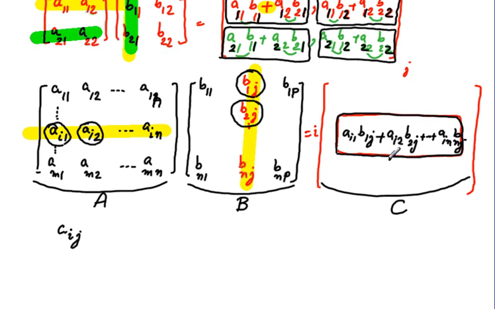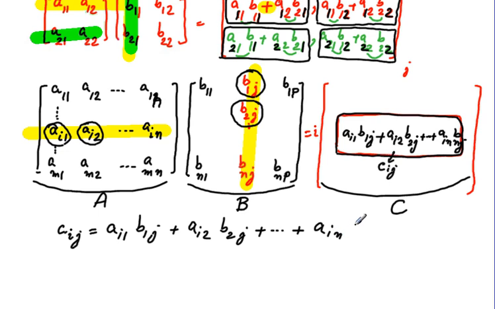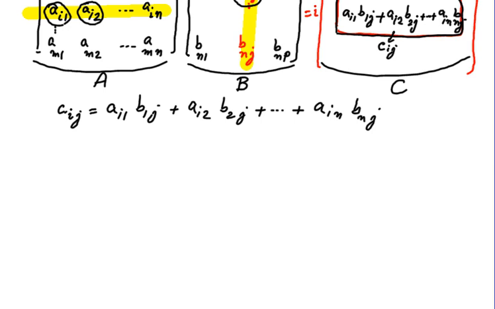So this fellow we are going to call cij. A big letter C for the whole matrix, and for a single entry of it we use the lowercase c. This is the fellow that is sitting in row I, column J of it. I just copy AI1, down the line until AIN, B, and J. So that is a formula, if you wish, for multiplying two matrices.